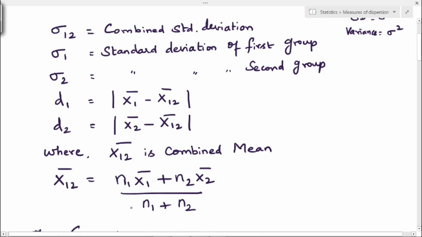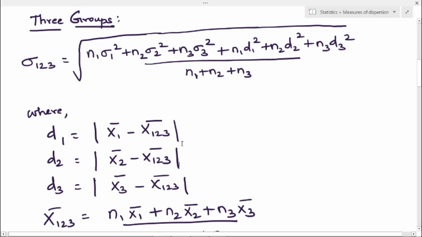Already we learnt about combined mean. So the formula for the combined mean is n1 x1 bar plus n2 x2 bar divided by n1 plus n2. So first we have to find the value of the combined mean and then substitute it in the formula for combined standard deviation.